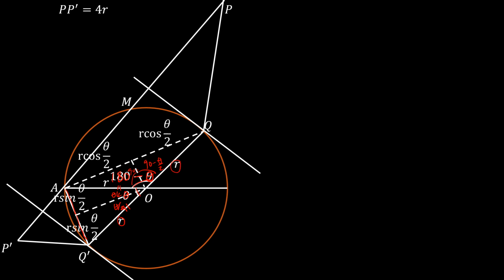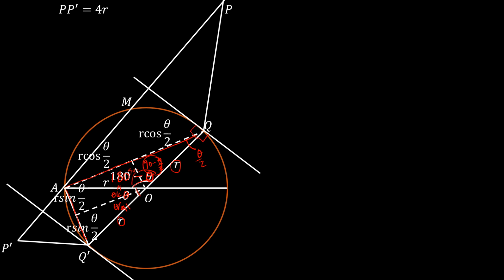But since this is the radius, we'll see that the part of the base here is going to be r cosine theta over 2, r cosine theta over 2. Now, since this angle here is 90 minus theta over 2, this angle is going to be theta over 2. And since this is a tangent, this angle is 90 degrees.